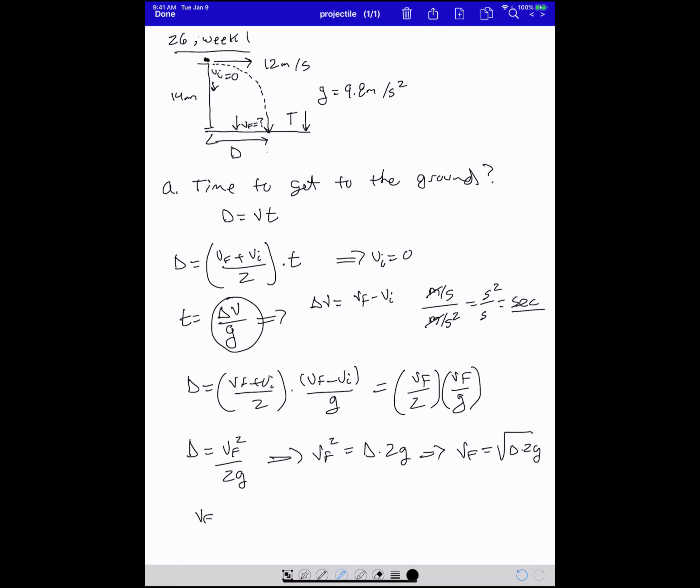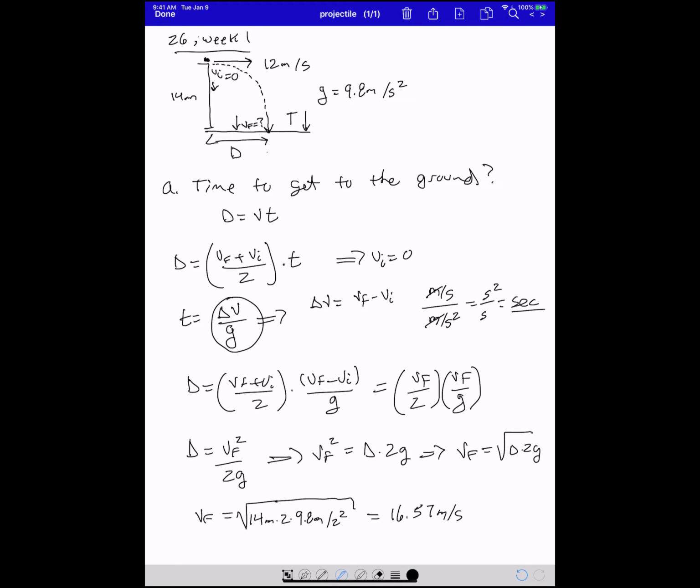So final velocity equals the square root of d, which is 14 meters, times 2 times the rate of gravity, which is 9.8 meters per second squared. So this is going to be our expression for final velocity. And once you do all the math, you're going to get right around 16.57 meters per second.